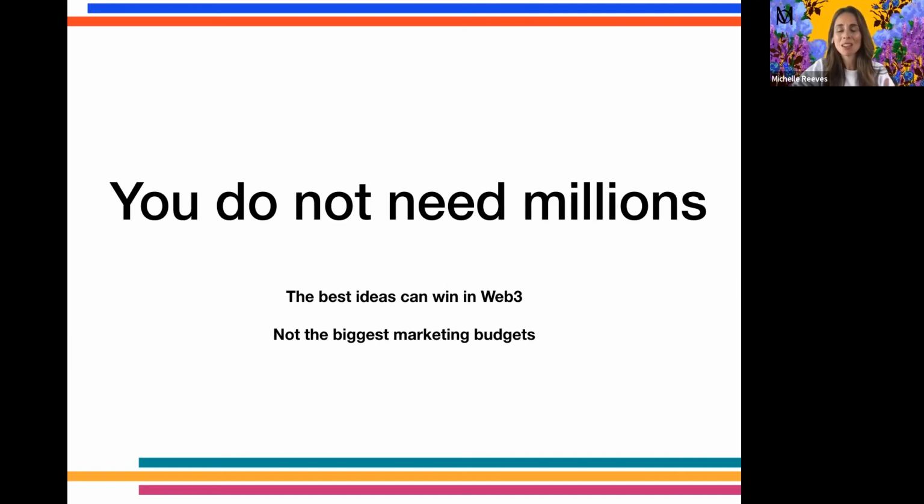And that is such a new concept to think about because in Web 2, you had to compete against crazy SEO budgets and strategies and PR machines and influencers, and it never ended, what you had to really tackle besides just having a great product or service. Well, in Web3, it's the opposite. It's about how great your idea, your product, your community is, and your community and your idea become your marketing buzz.